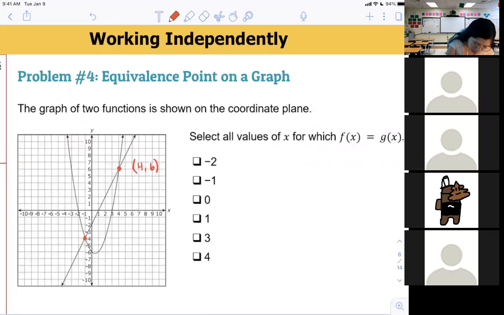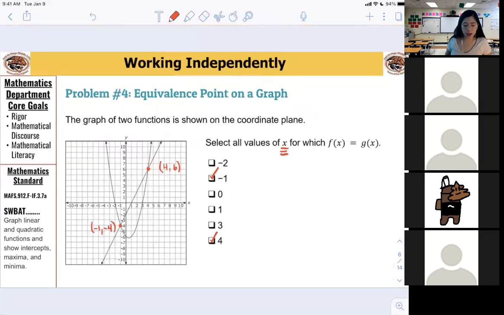And then down here, it's -1, -4. But which of those values are they asking for? X. Yeah, only the x values. So what are the only two answer choices? -1 and 4. Exactly. So remember that with this type of problem, it's always going to look for the value of x, not the value for y. Questions on number 4?